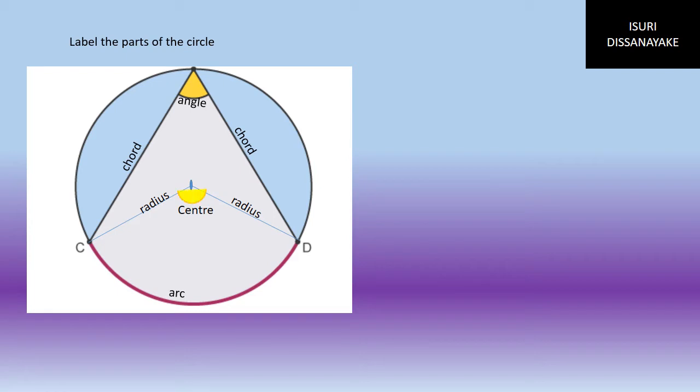Now you can see that there are two angles. One angle is created from the radius to the center. The other angle is created at the circumference from the chords. Both the angles at the center and the circumference are created with the arc CD, which I have shaded in pink.